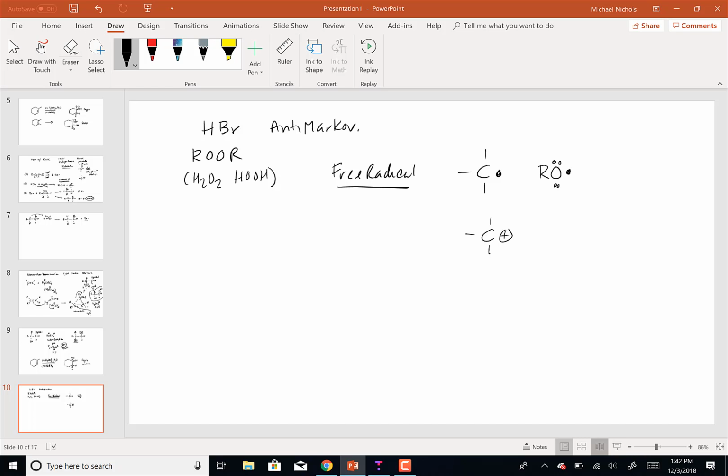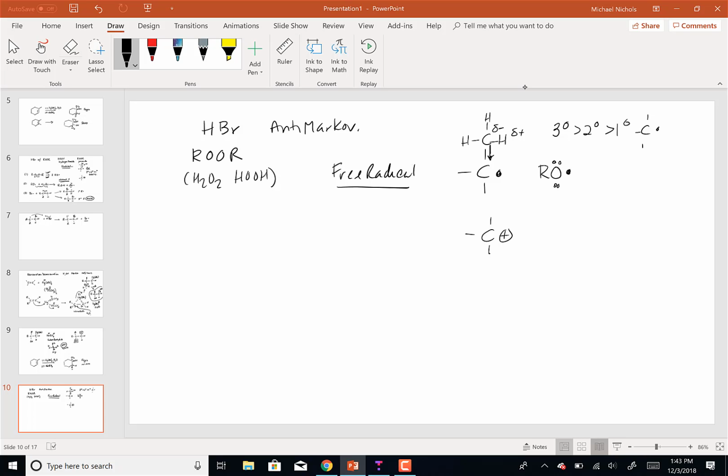So every time you add an alkyl group, and how many times have I done this semester? A lot. Where you add an alkyl group and we say the carbon is delta negative, the hydrogen is delta positive. So the more alkyl groups, the more electron density we can push, the closer we can get the carbon to 8. It turns out that for radicals, a tertiary radical is more stable than a secondary radical, which is more stable than a primary.